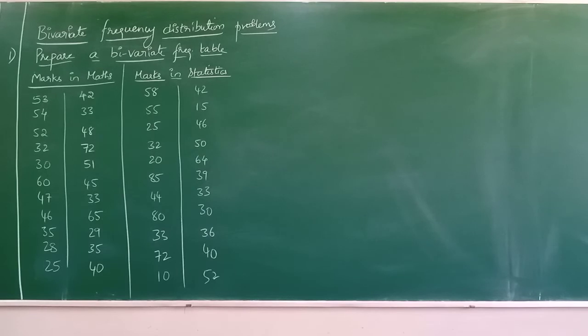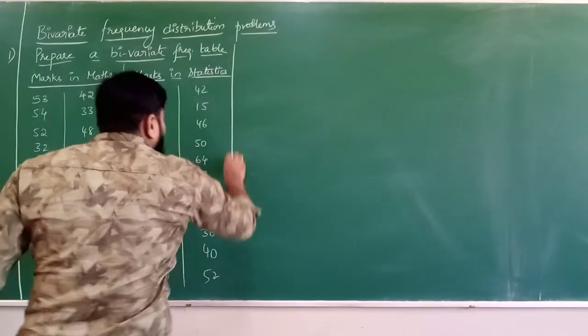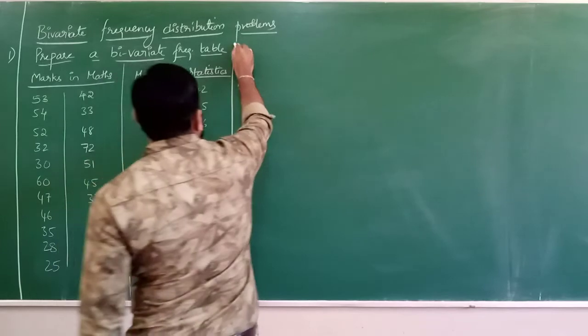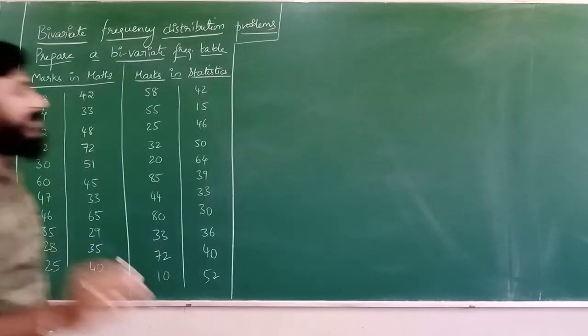This is how the bivariate frequency distribution table has to be formed. Now let us see this problem. Raw data is given, marks in maths and marks in statistics. First and foremost, what do we need to calculate? Range.